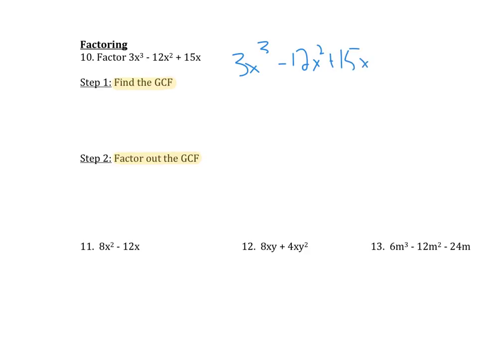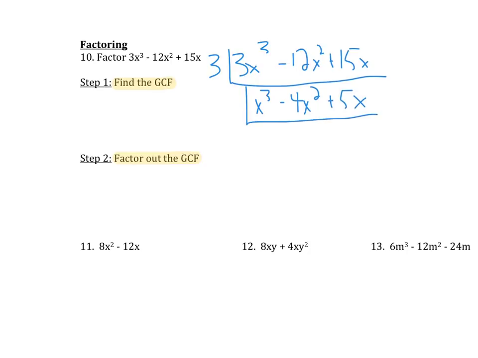So we'll do our ladder one more time here. So I have 3 in common. That leaves me with an x cubed minus 4x squared plus 5x. Then I pull out an x. That now leaves me with an x squared minus 4x plus 5.